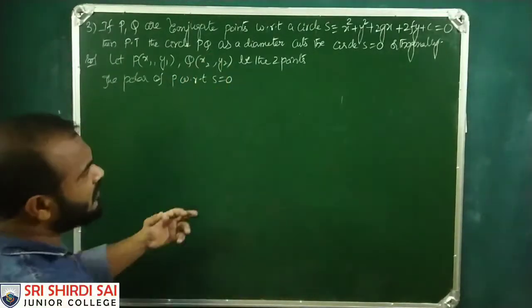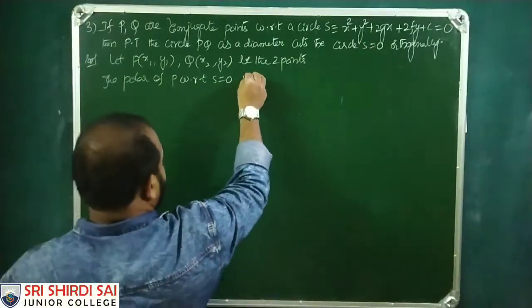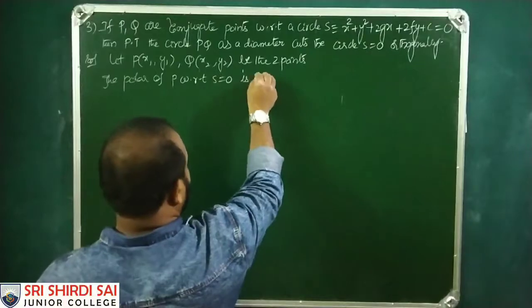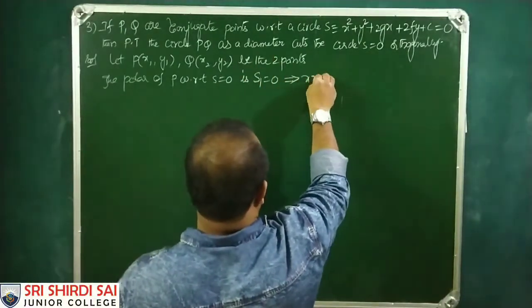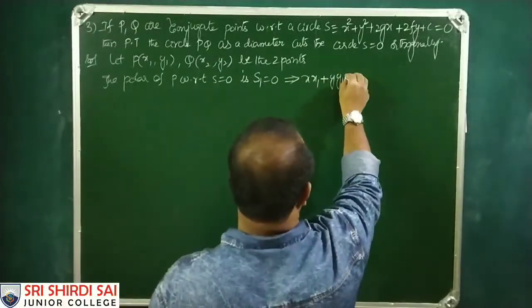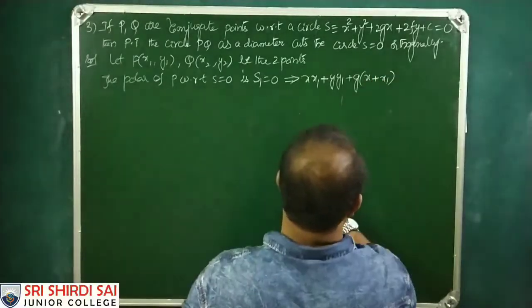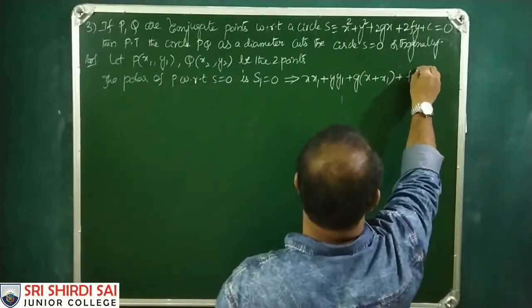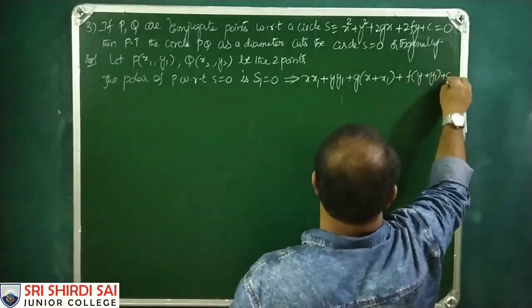What is this S? The standard general equation of a circle is S equals 0. The notation of S1 equals 0 is x x1 plus y y1 plus g into x plus x1 plus f into y plus y1 plus c equals 0.